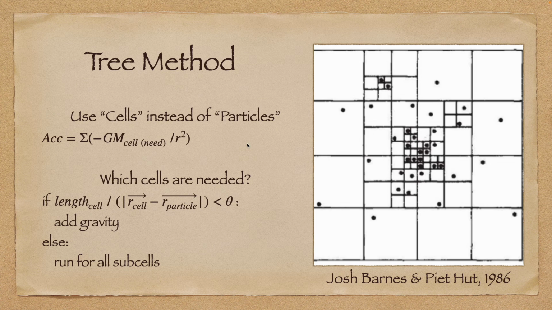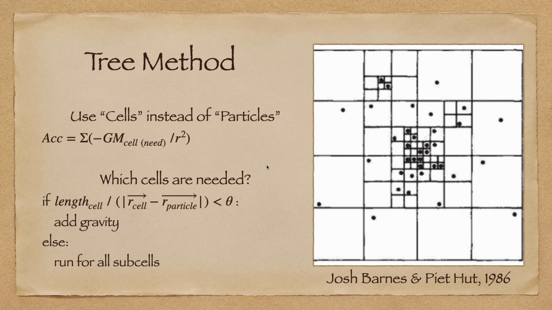When we sum over the force on the particles, instead of summing the force between particle and particle, we will now use the cell instead of one particle. So when we add the acceleration of one particle, we will sum over the force between the cell unit and the particle.